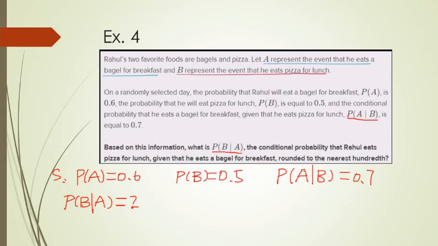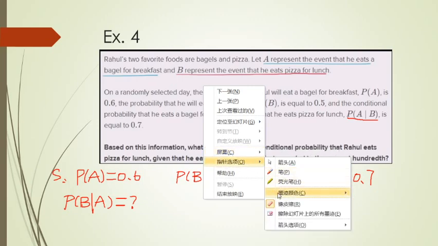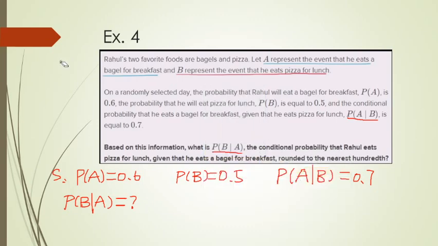How can we evaluate the conditional probability? Follow the formula here. To find the conditional probability of event B given event A occurs, that will be the probability of event B and A over the probability of event A. The denominator is always the probability of the event given, the event that occurs under this condition.